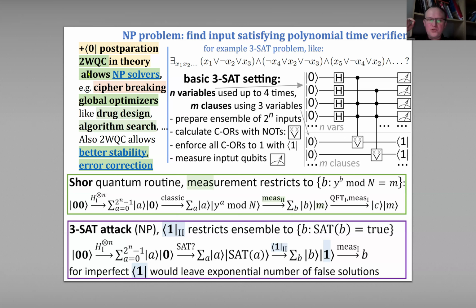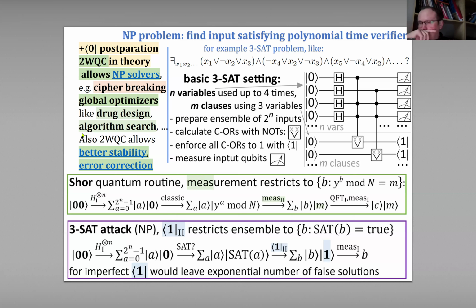So in two-way quantum computers, we could do mid-circuit postselection, where we fix some qubits to, let's say, 0. Doing so, we can enforce that we work only on code words. So we have quantum superposition only of code words which are very far from each other. So it should be much better for stability and error correction. So I think from an error correction perspective, there could be many improvements.